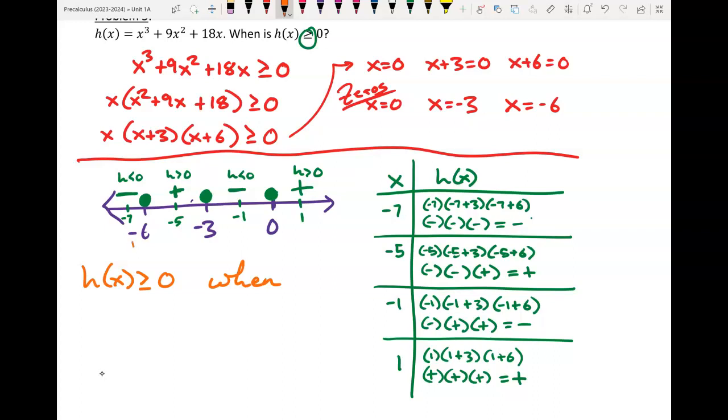That would be from negative 6 to negative 3, but we get to include those this time, so negative 6 to negative 3, union, and then from 0 to infinity, again including 0 because that can be equal to 0 this time around. We never include infinity, we use our parentheses.